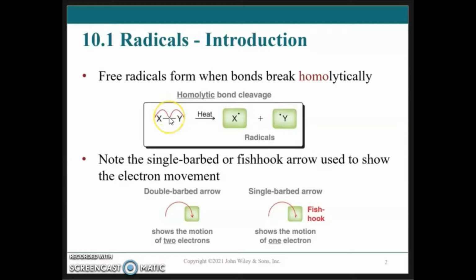Energy is required for homolytic cleavage, and that's always the case. So the bond dissociation energy will always be endothermic, a positive enthalpy, because it will always require the input of heat to cleave that bond. And we'll cover this again.